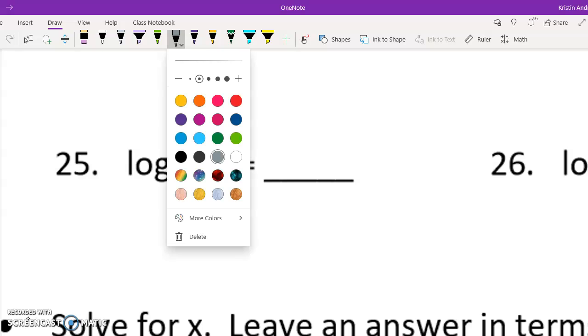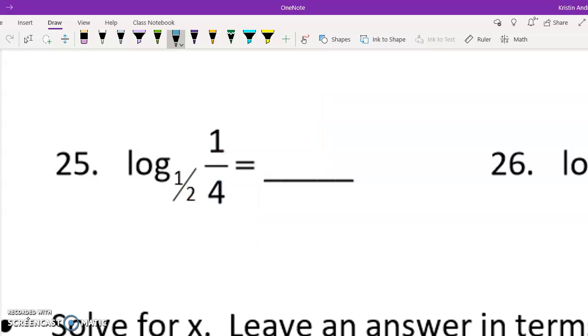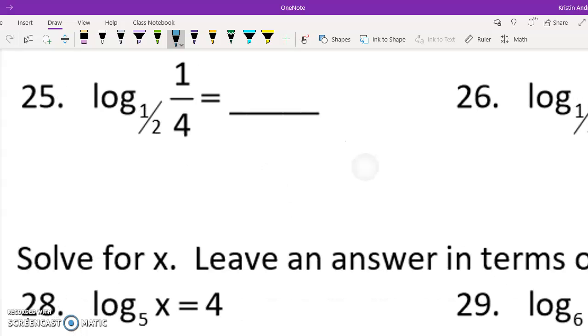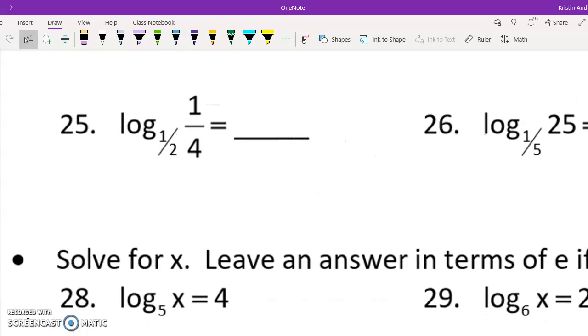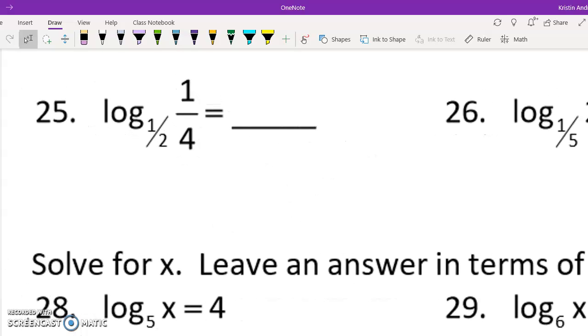Okay, 25 is, whoa, it's a half and a fourth. So I have to think about what I can turn a fourth and a half both into. Those are both in the denominator, but if they were in the numerator and I just had a 2 and a 4, I would make those a base 2. So I'm going to go with log base 2.